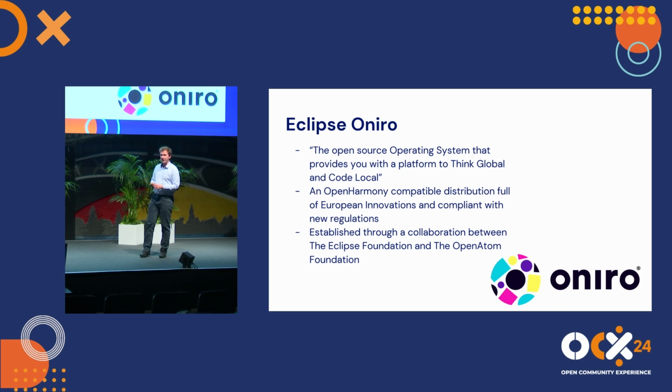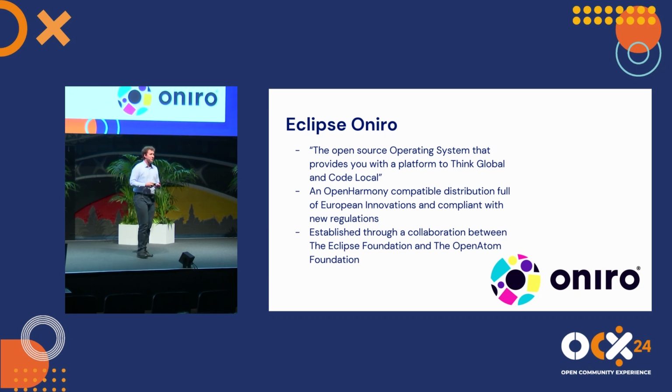And then there's Eclipse Oniro. The motto is: the open source operating system that provides you with a platform to think global and code local. So basically an OpenHarmony compatible distribution full of European innovations and compliant with new regulations.